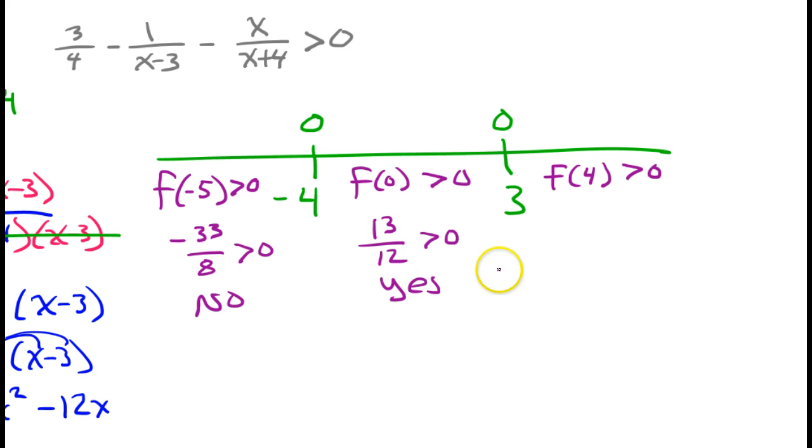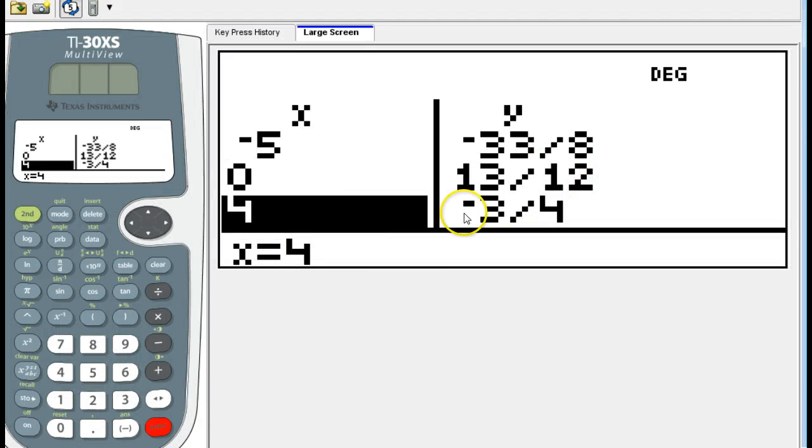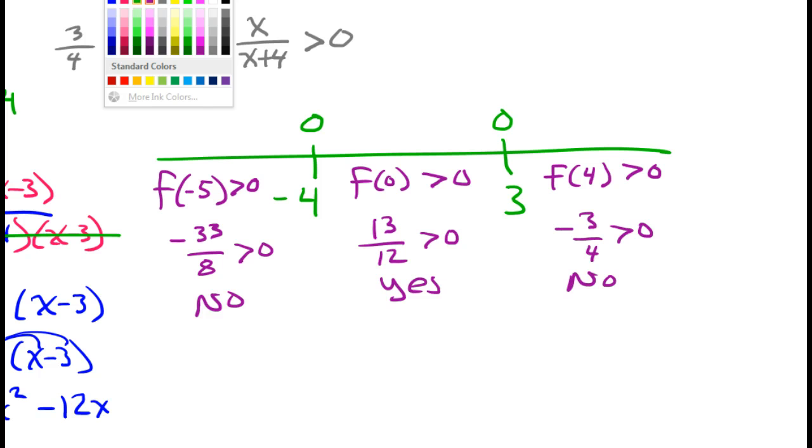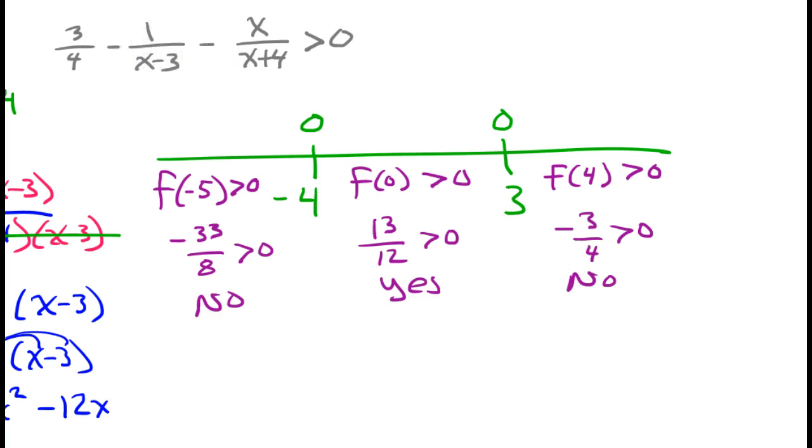Yes, it's positive. And at 4, we got -3/4. Is that greater than 0? No. So this yes tells me that this is where the solutions are. Right, all my solutions to the inequality are going to be between -4 and 3.